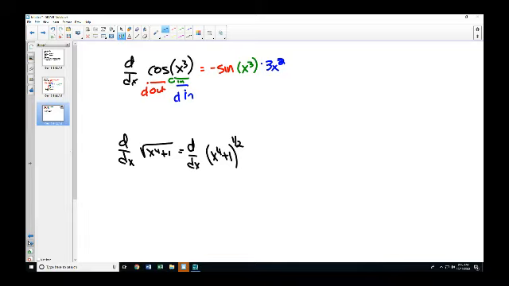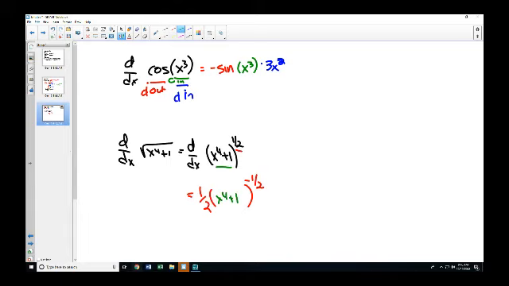What's the outer function? Yeah, and your power. So the power rule. And what do I do with the inside? Copy it down.